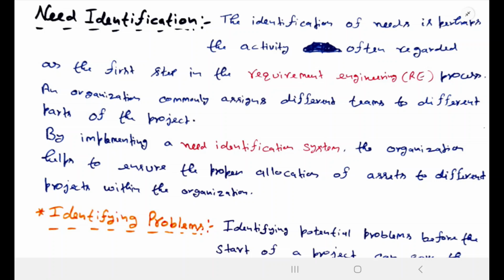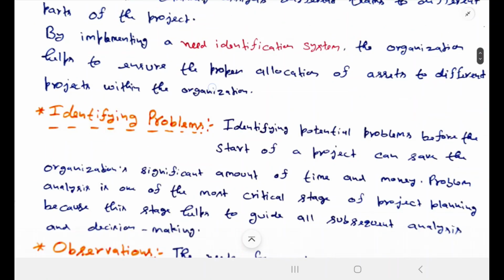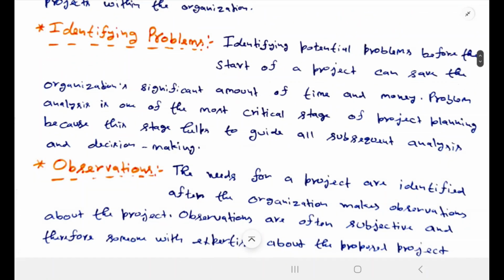Or if we have a particular goal, then how can we find the process, what kind of tools we require. All these things will be identified in this step, that is need identification. Here we have some steps in this need identification process.